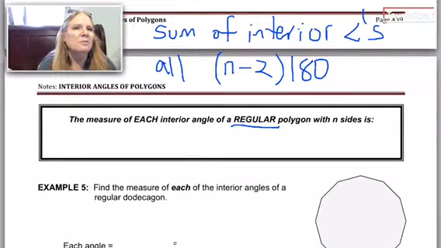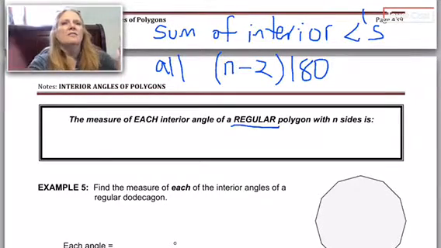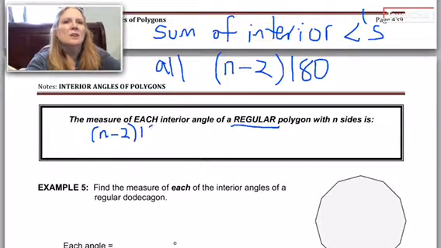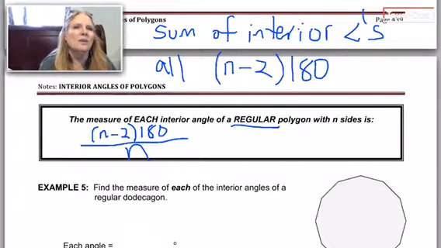Well, we can find the measure of each of the angles in the polygon if it's a regular polygon. And the formula for that is n minus 2 times 180 divided by n.